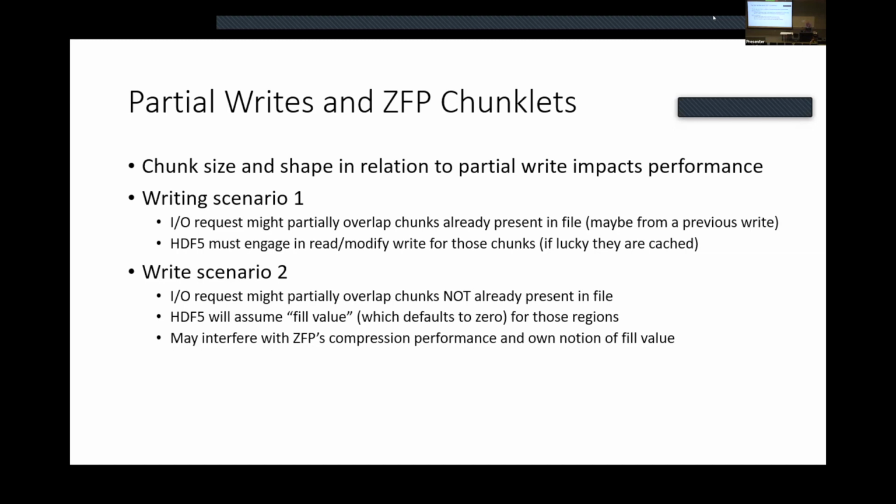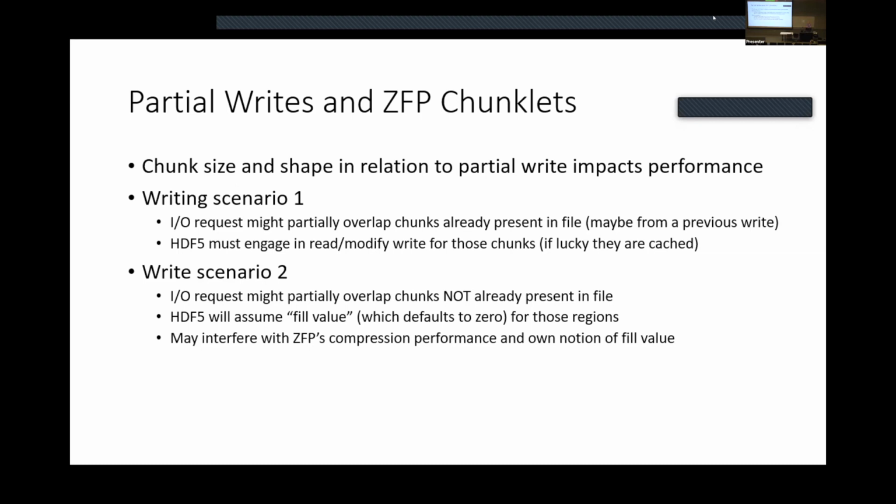So, thank you. In write scenario 2, your I/O requests might partially overlap, but there are no chunks already written to the file. Well, HDF5 is going to treat those essentially in fill value mode already. And the problem with that is the fill value may interfere with the compression filter's ability to deal with those chunks. So you probably want to select a fill value that actually matches what the ZFP library would want you to use.